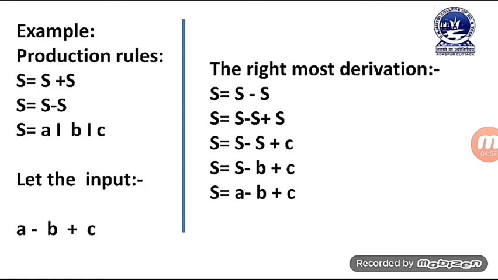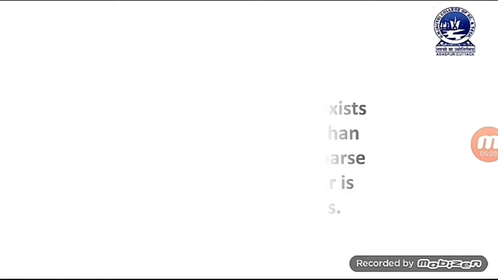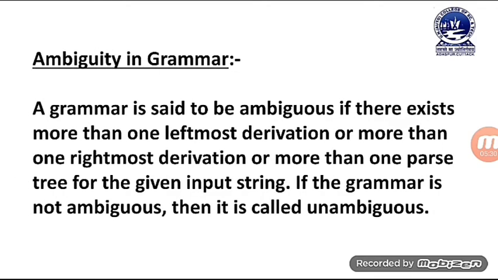It is clearly visible that we are replacing elements from right to left order, but in the previous example we replaced from left to right order. At the next step we replace S with b, and the output is now S minus b plus c. And finally we replace S with a, and so we get the output a minus b plus c. Now we are going to discuss ambiguity in grammar.